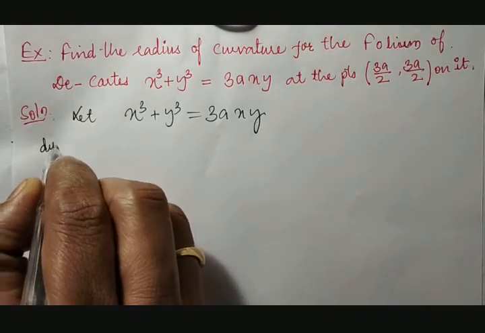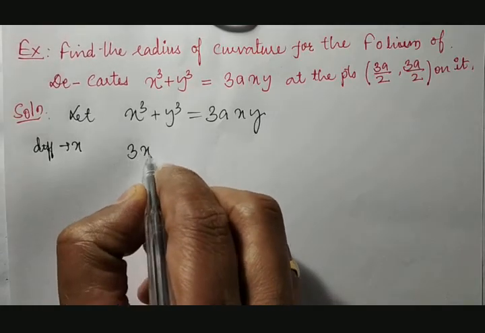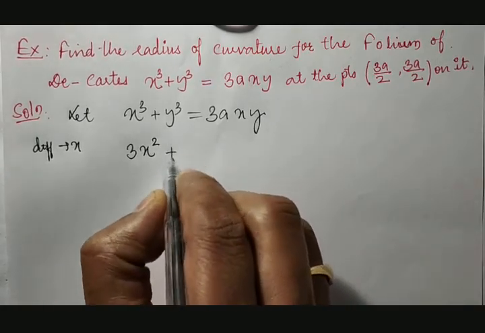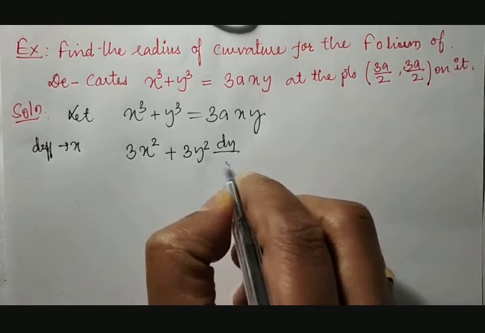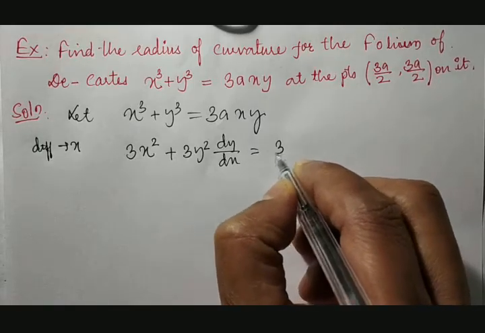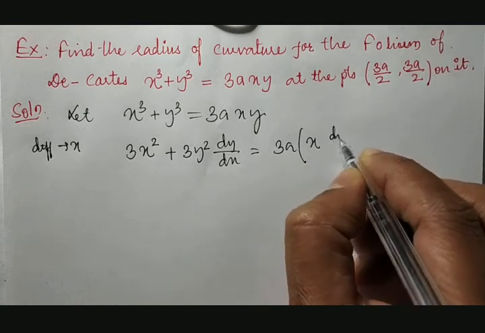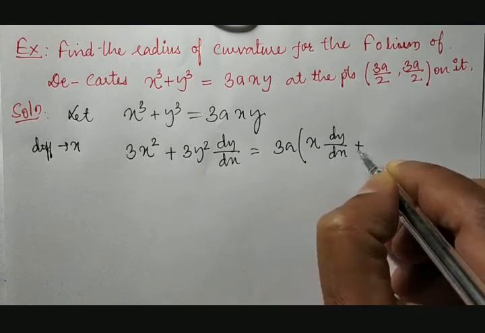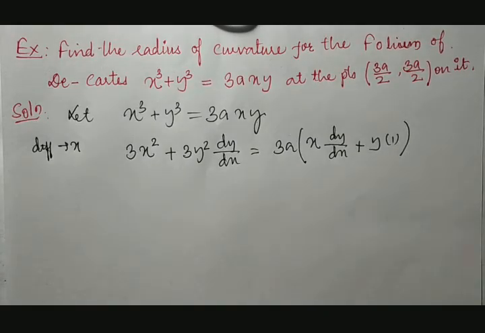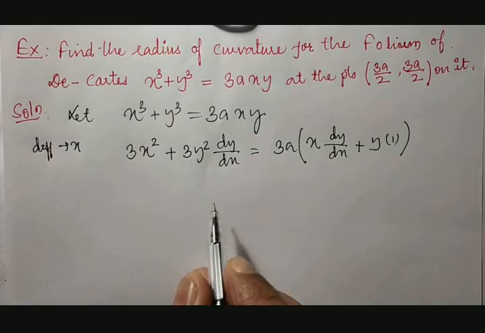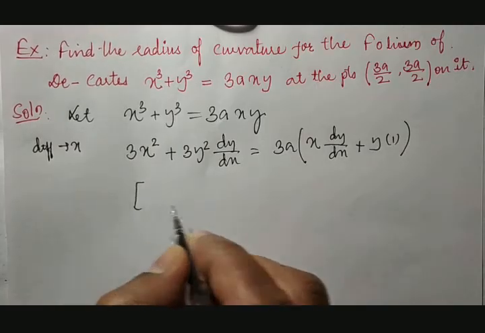Therefore, differentiating this with respect to x, differentiation of x cube becomes 3x square, plus differentiation of y cube becomes 3y square into dy by dx, is equal to 3a times x into dy by dx plus y, and differentiation of x will be 1. Therefore we take dy by dx common.